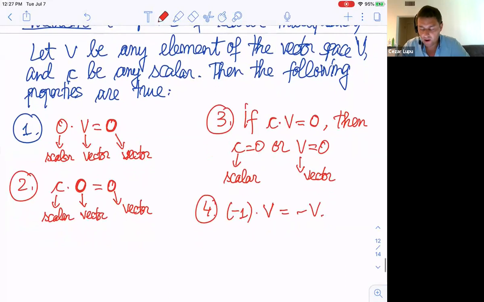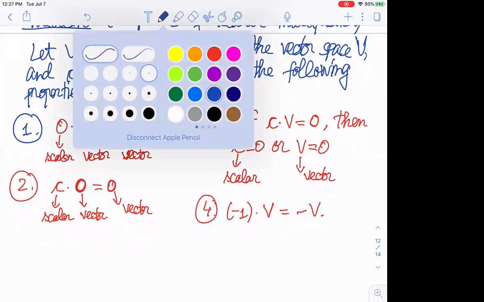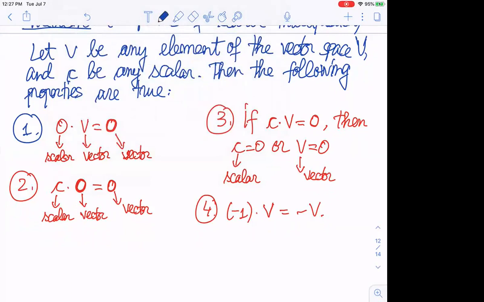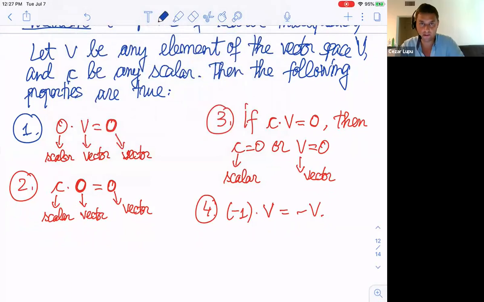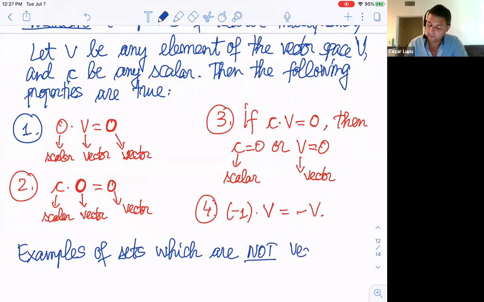And now, before I even talk about subspaces of vector spaces, let me give you some examples of sets which are not vector spaces.